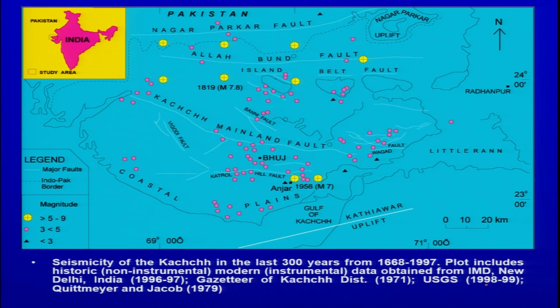This plot we prepared way back in 1999, before the 2001 Bhuj earthquake, where we plotted these micro earthquakes when instrumentation was not so intensively deployed in this region. But after 2001 we have a very good record of even microseismicity, and that also helps us in identifying the seismogenic faults.